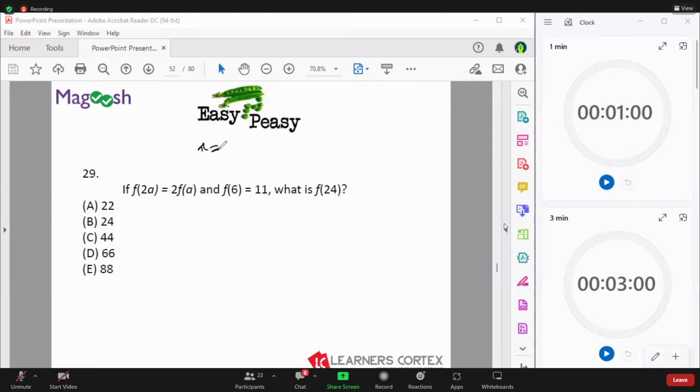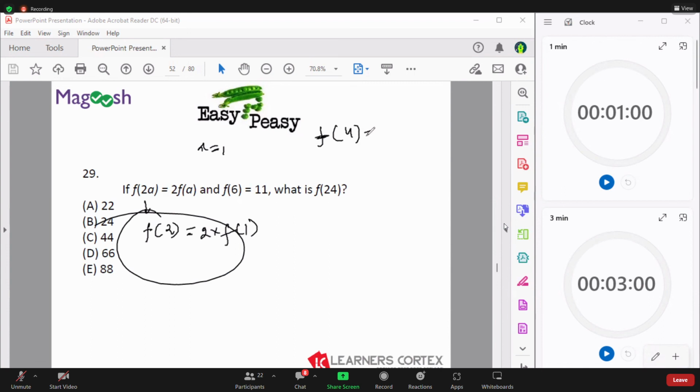a as 1. So f of 2 is actually equal to twice f of 1. So this is basically the function here. Or if we take the value of a as 2, this becomes f of 4 equals twice f of 2. So what we can do here is write 24 as 2 times 12.